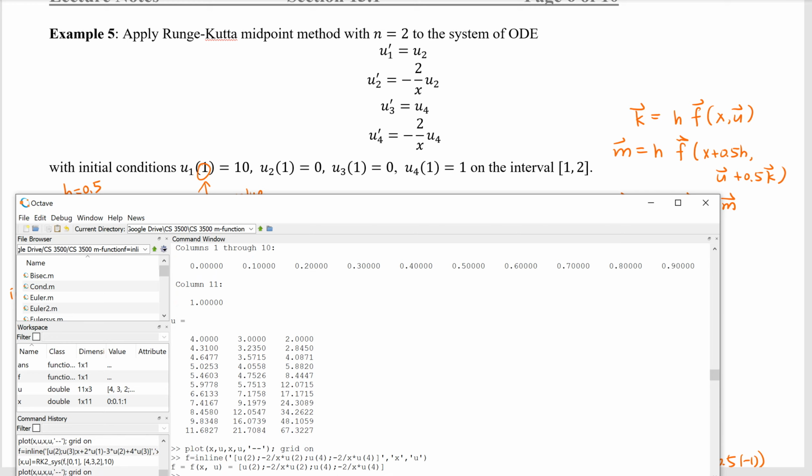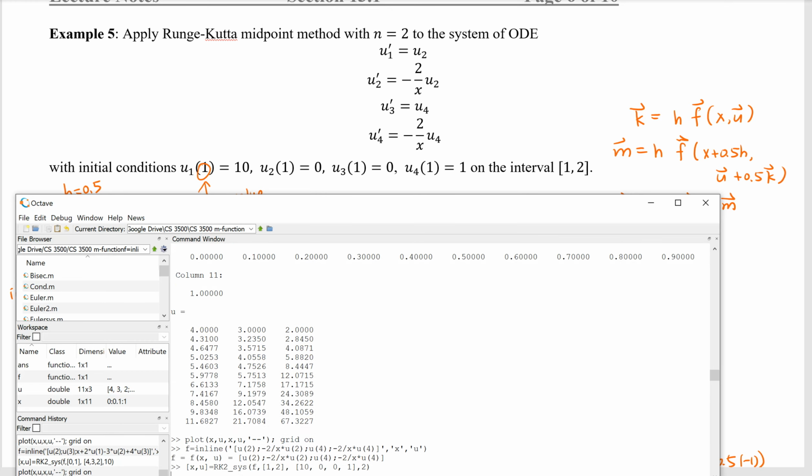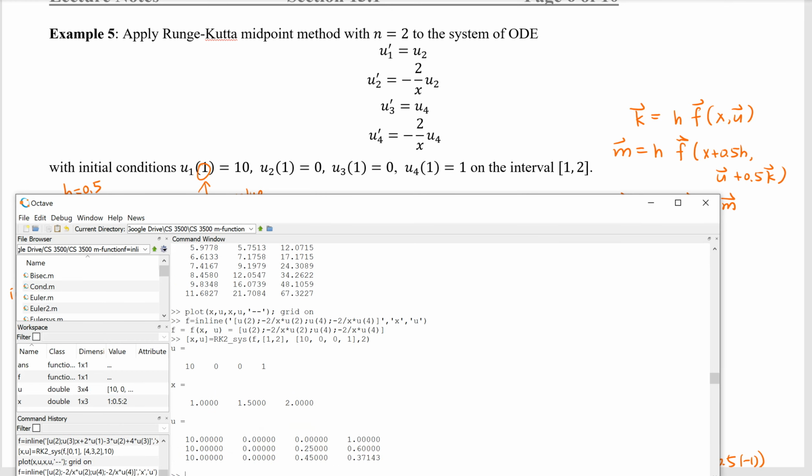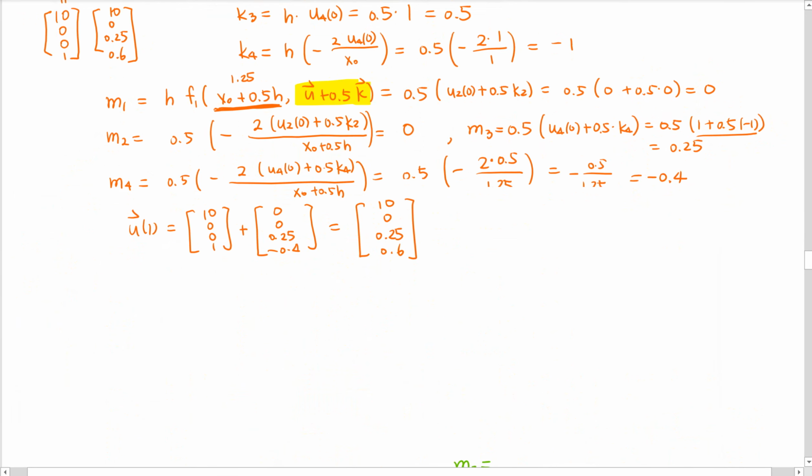Okay, and then we do 2 subintervals with initial conditions 10, 0, 0, 1. The interval is from 1 to 2. Okay. See? Do we have the same answer?